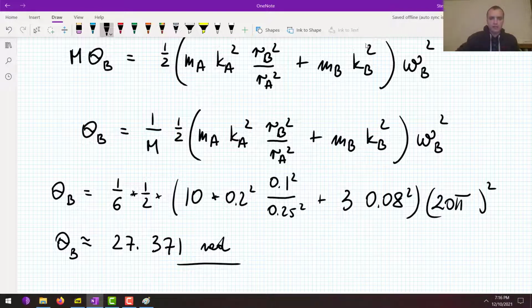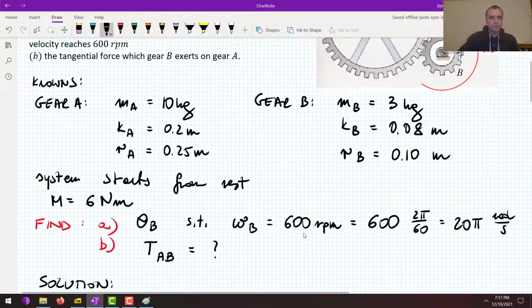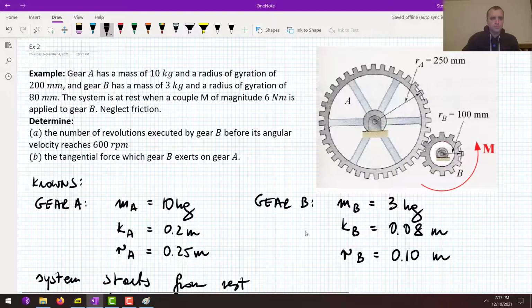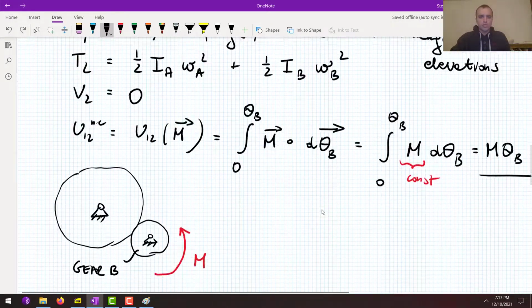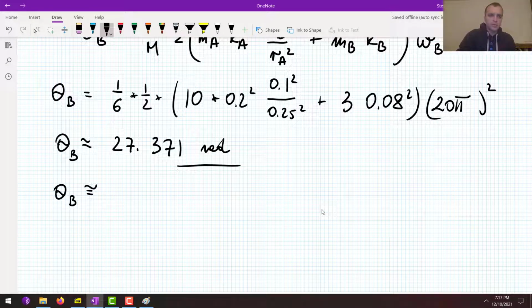However, I think that they ask us to find revolutions, right? Let me scroll up the board. Yes, find the number of revolutions. So let's do that slight adjustment to our answer. Theta B will be approximately 27.371 divided by 2 pi.